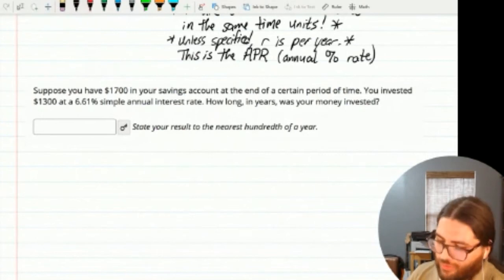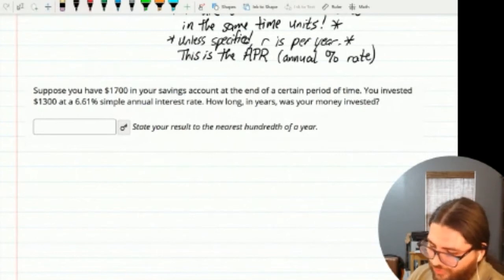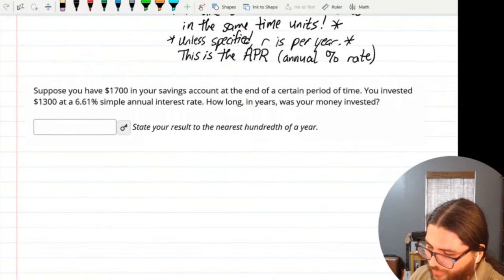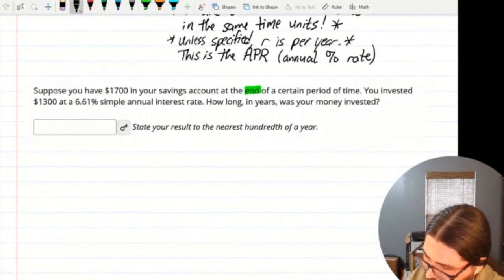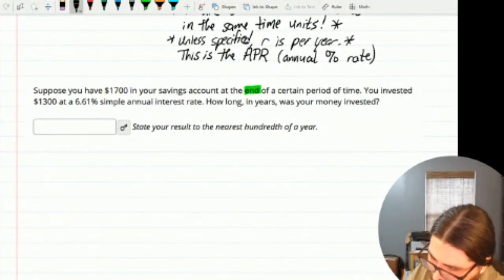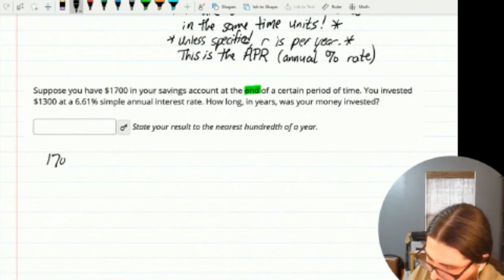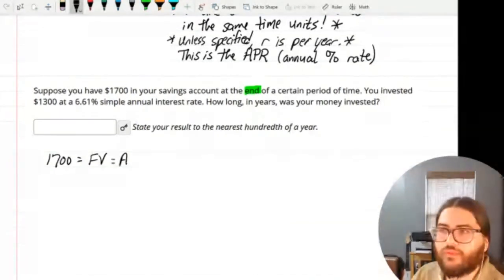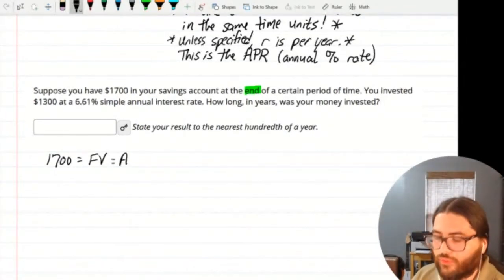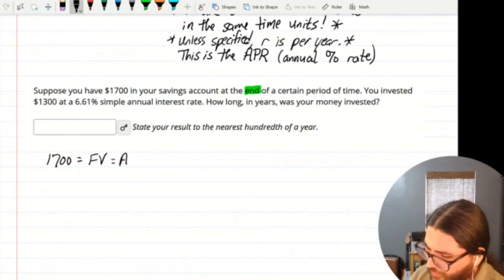So this problem: suppose you have $1,700 in your savings account at the end of a certain period of time. Okay, I highlight the word end because that tells me that this thing, the 1,700 number, is the future value or the A number in my simple interest formulas.